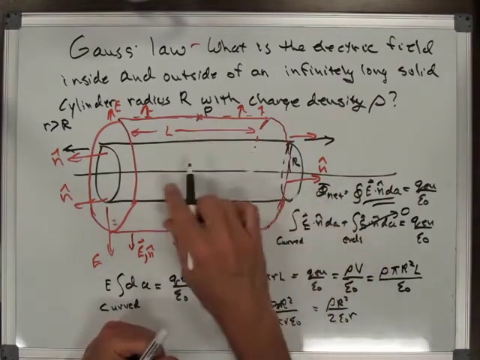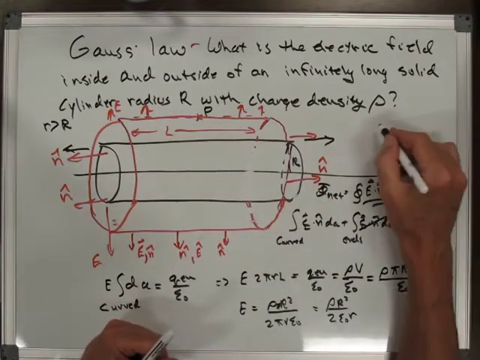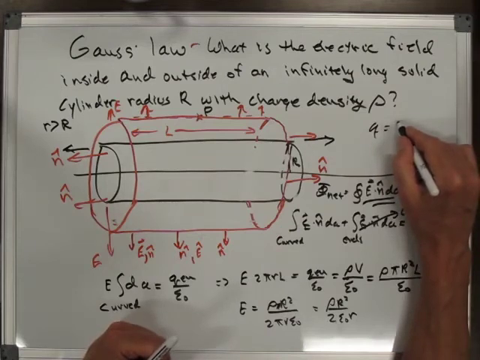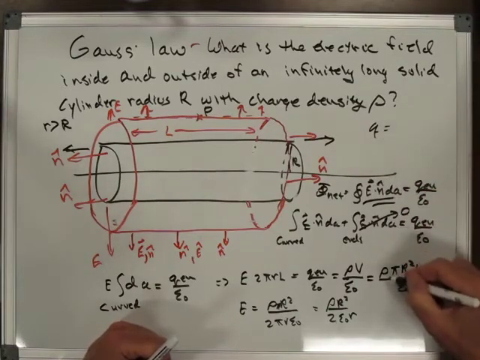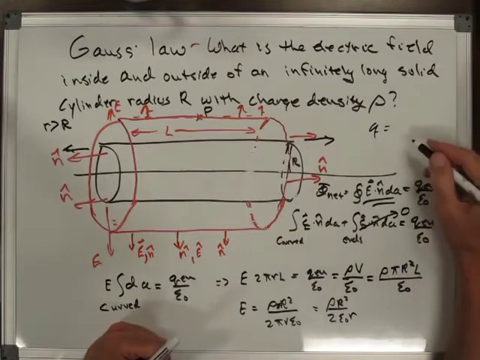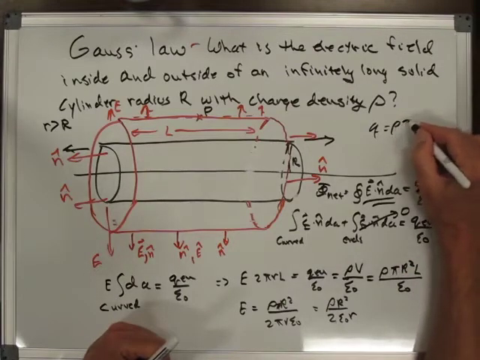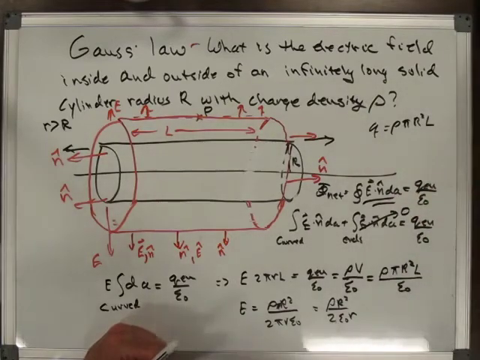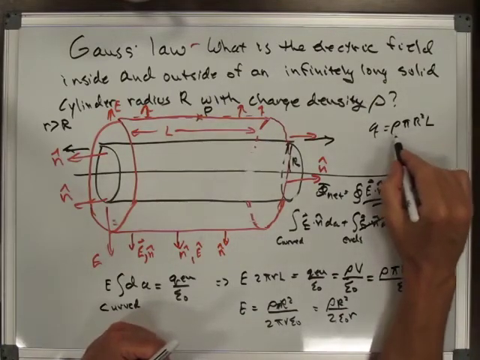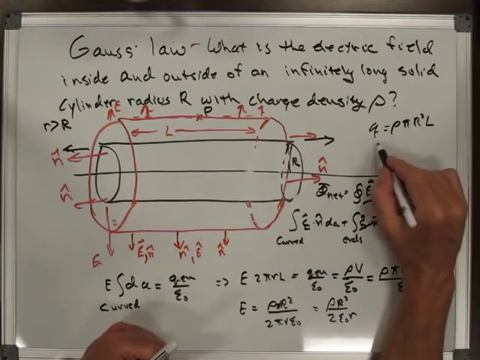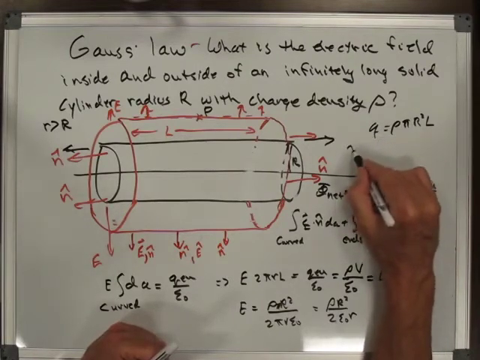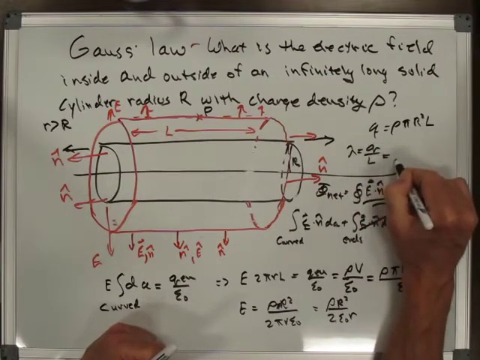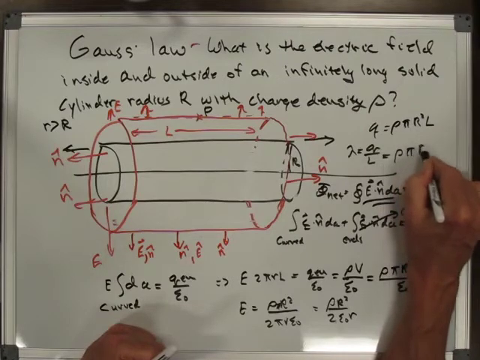We said that in this length, the Q enclosed is charge density times the volume, which is rho times pi r squared times L. And so lambda, the linear charge density, is just Q divided by the length. And so that's equal to rho pi r squared.